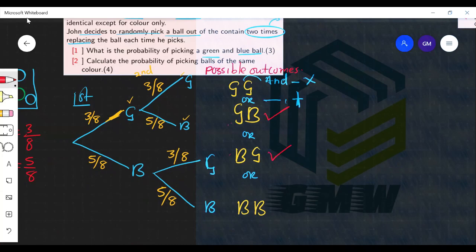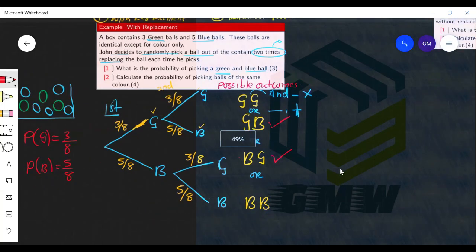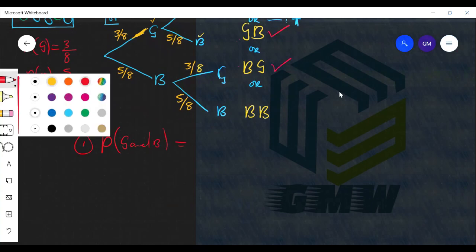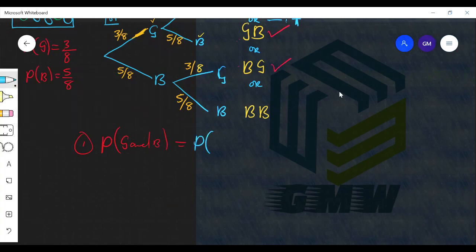Do you understand? Yes. But if the question was specific to say, what is the probability of picking green first and blue, then we would only consider this one, because here it's not starting with green. You understand? Yes. So the probability of green and blue, pay attention to the words, either John will pick green and then blue, or John will pick blue first and then green, right?